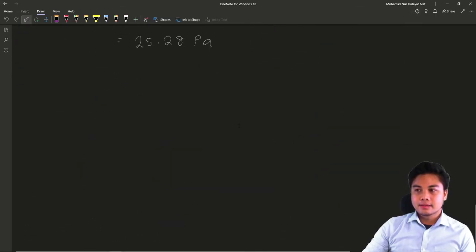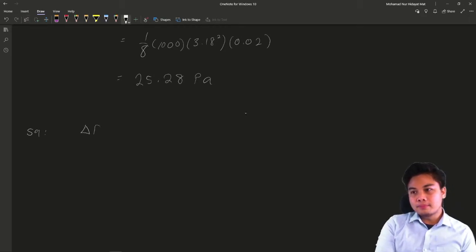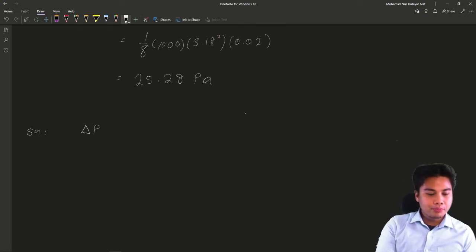So this is step number 9. In order to get the pressure drop, the change of P, we can get it directly from this equation.